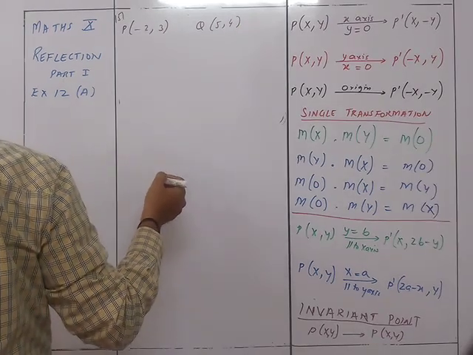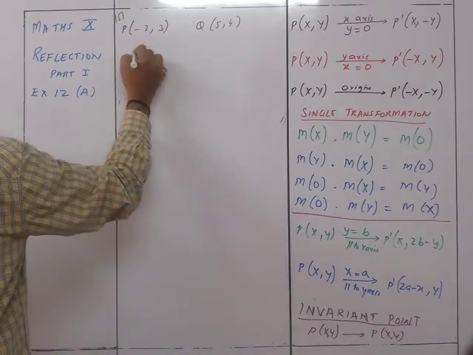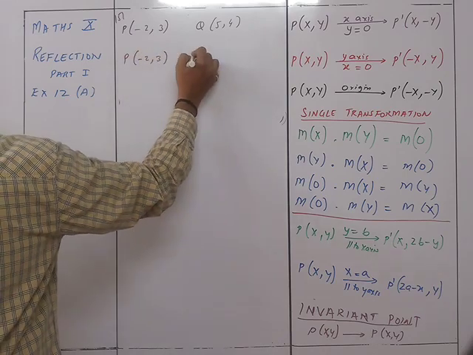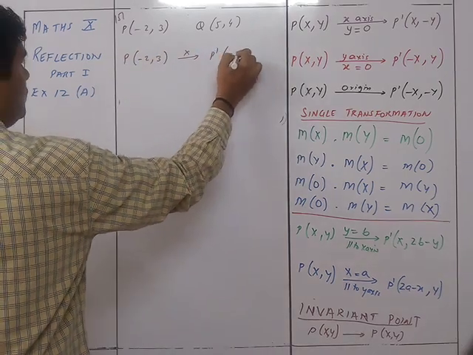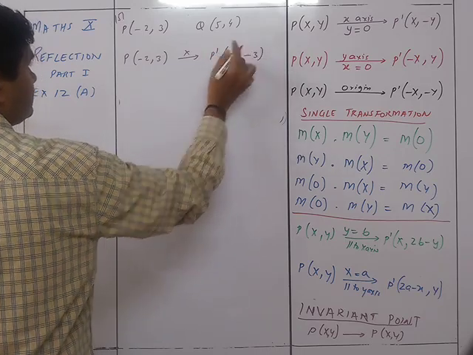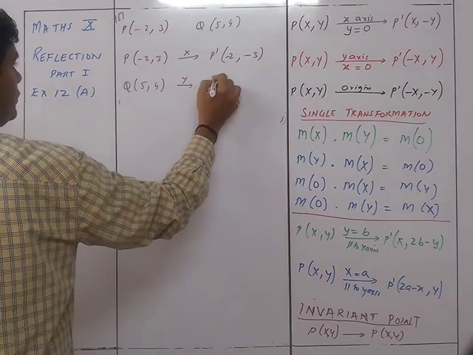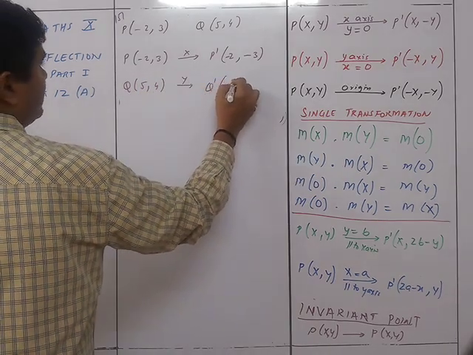P is reflected in x-axis to P dash, and Q in y-axis to Q dash. It's very simple. P (-2, 3) under x-axis reflection gives P dash (-2, -3). Q (5, 4) under reflection of y-axis is Q dash, which is (-5, 4).